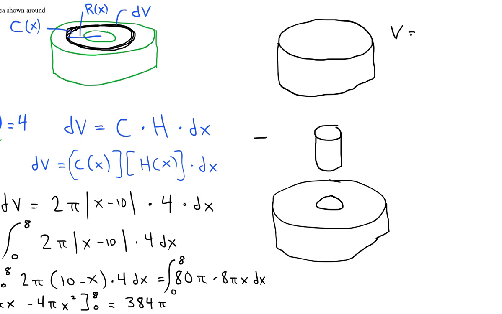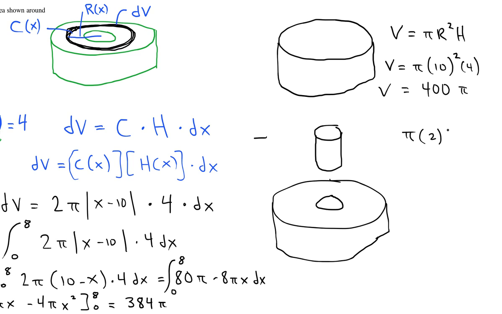Well, we need to do V equals pi r squared h for the top piece, and this would be a radius of 10. That's going to give us 400 pi. Then we want to do the same thing for the little piece, which according to the picture would have a radius of 2.